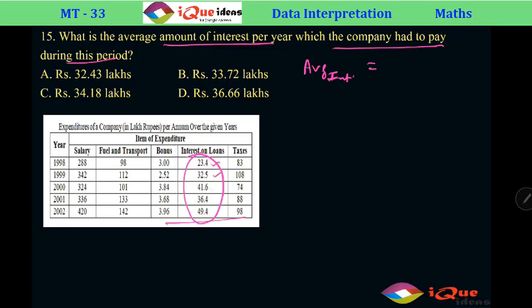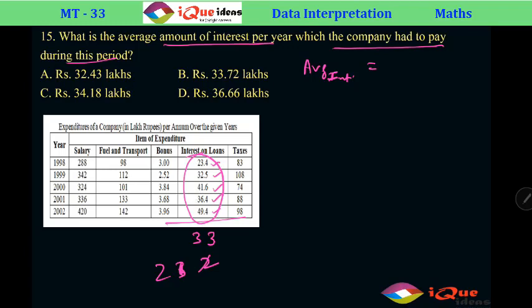4 plus 5, 9 plus 6, 15 plus 4, 19 plus 4, 23. So 3 here, 2 carry. 3 plus 2, 5 plus 2, 7, 8, 14 and 9, 23. So 3 here, 2 carry. Now 2 and 2, 4 and 3, 7 and 4, 11 and 3, 14 and 4, 18.